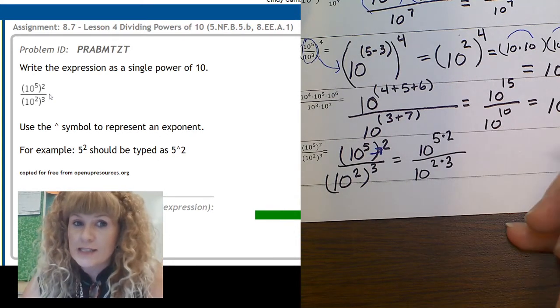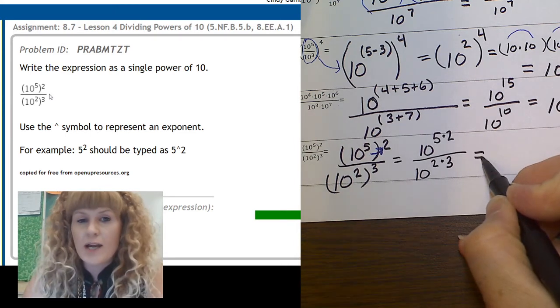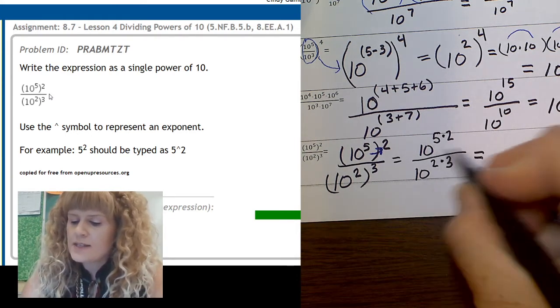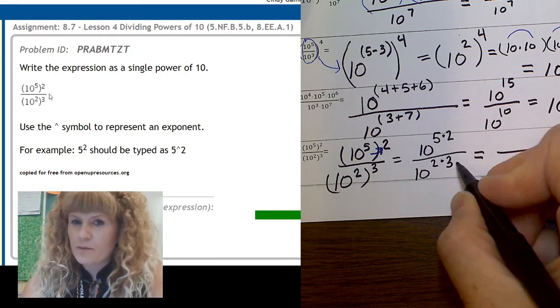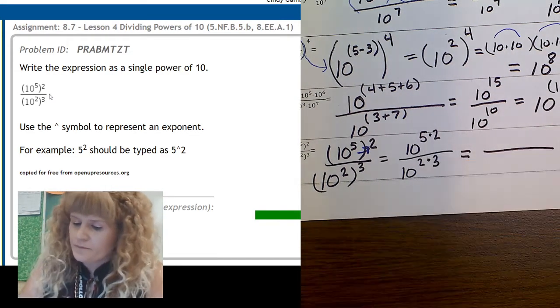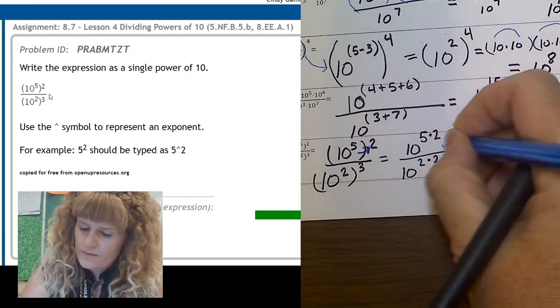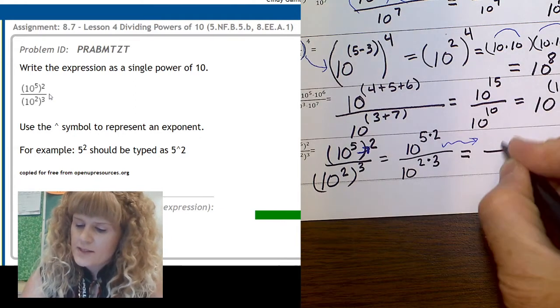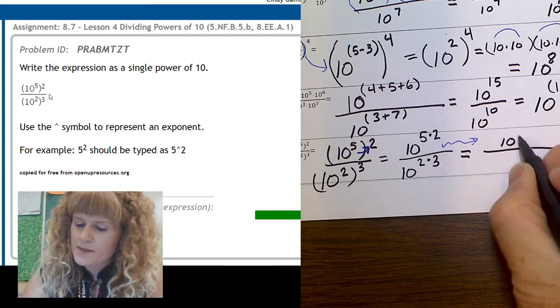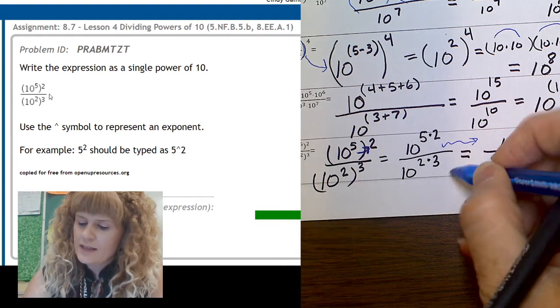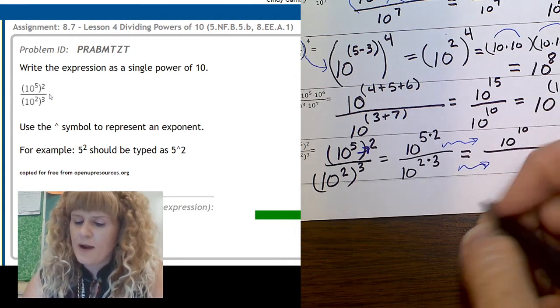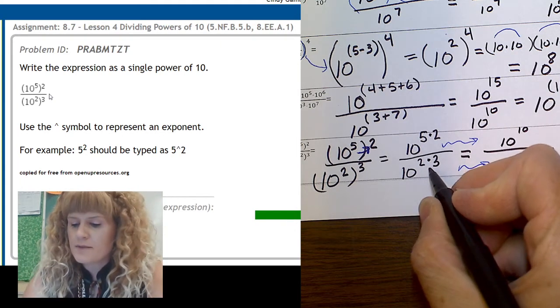That's not a decimal, so keep track of what you're doing. This simplifies to, in the numerator, 10 to the power of 5 times 2 is 10. And in the denominator, 10 to the power of 2 times 3 is 6.